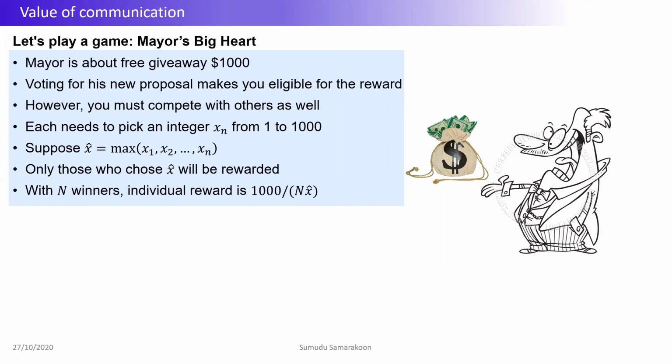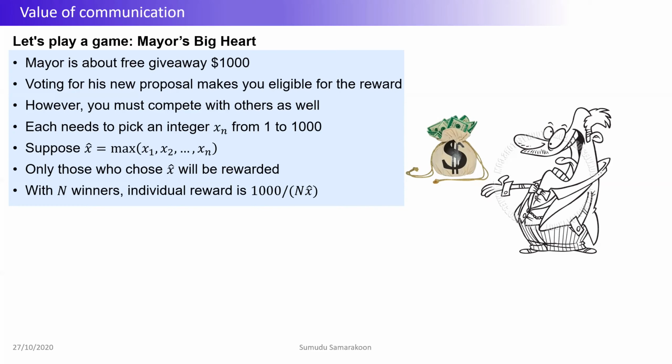He says that voting for his new proposal makes people eligible for this reward. However, there's a small catch, as with politicians. You must compete with one another to get this money. In order to do that, everybody has to place a bid. Or, formally in mathematics, they have to pick a certain integer from 1 to 1000.